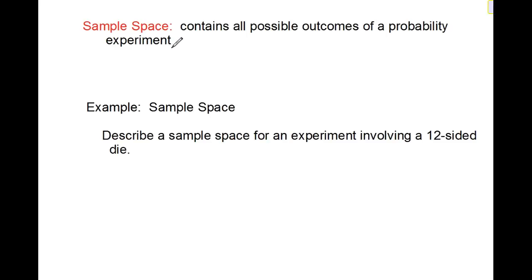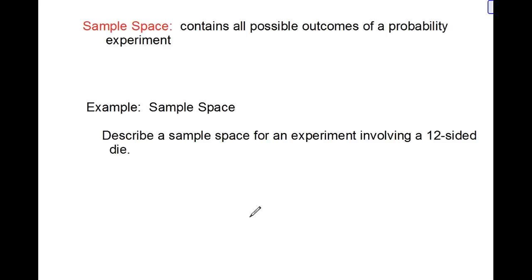Now, sample space: what that means is it contains all the possible outcomes of a probability experiment. Just what I was saying a moment ago, the sample space of flipping a coin is strictly a head or a tail. So you have two possible outcomes. Here, we want to describe the sample space for an experiment involving a 12-sided die. On a normal die, you have 6 sides, 1 through 6.